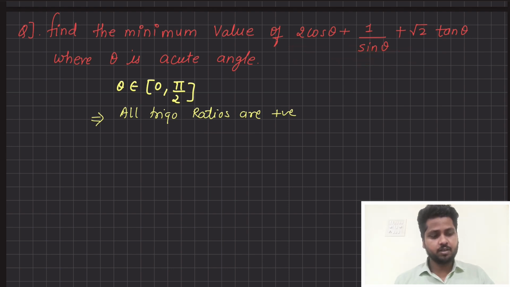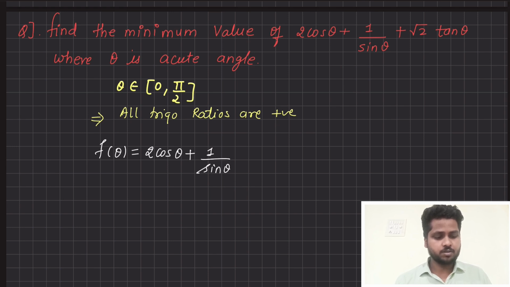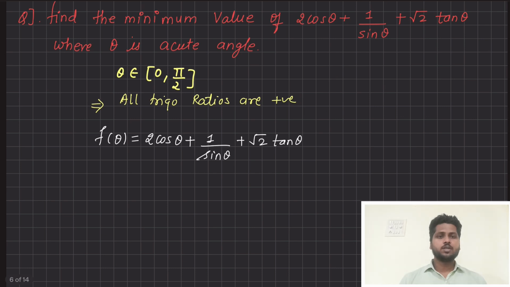So let us call it f of theta. So f of theta is equal to 2 cos theta plus 1 by sin theta plus under root 2 tan theta. I hope everyone knows about the arithmetic mean and geometric mean.